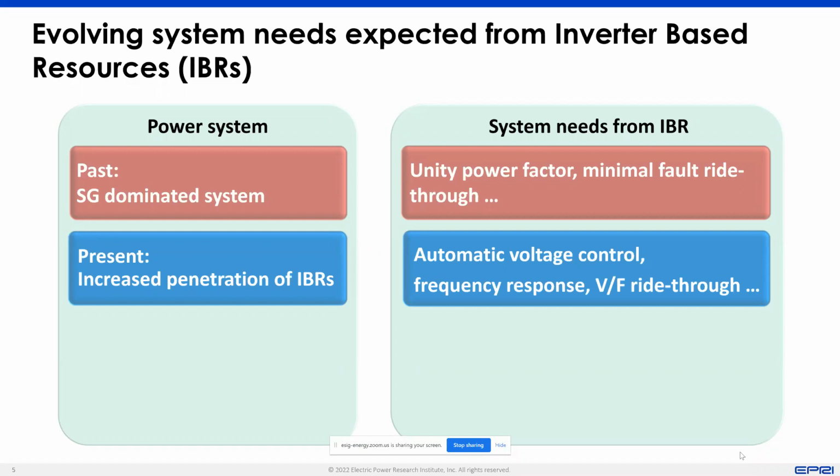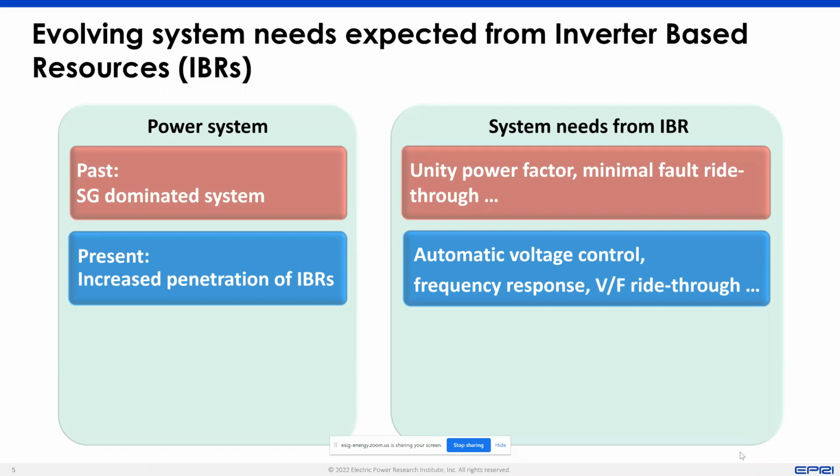And you'll notice this theme throughout the presentation where we talk about services being provided from inverter resources, because the way we want to project for the future revolves around how many services we can get from inverter resources, and in what way we can procure and obtain those services. So the performance of an inverter-based resource is going to be governed around the services that it can provide.